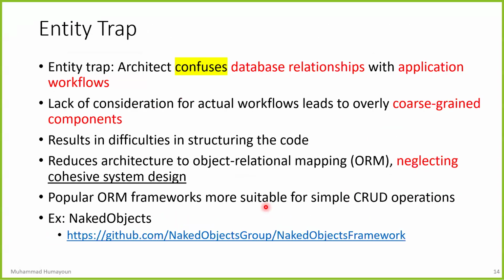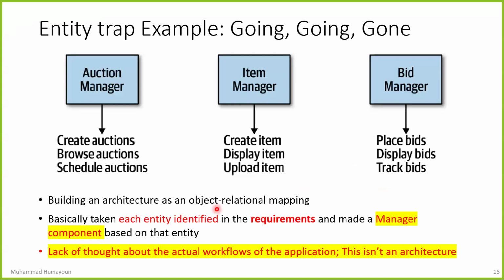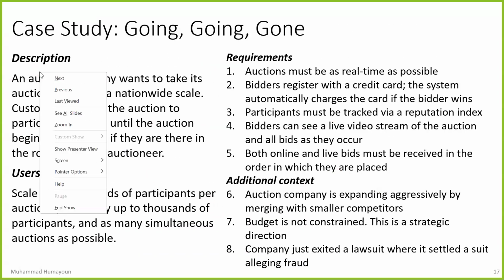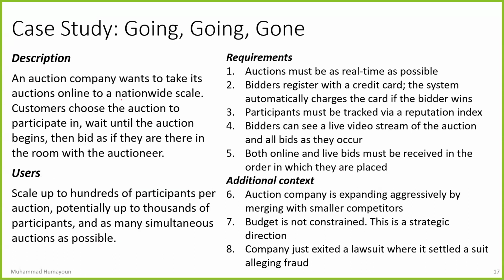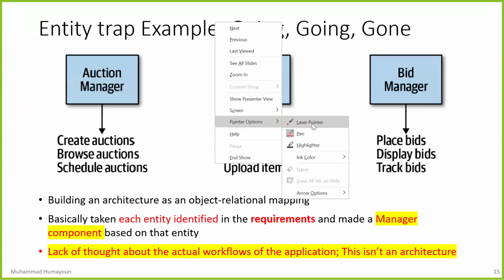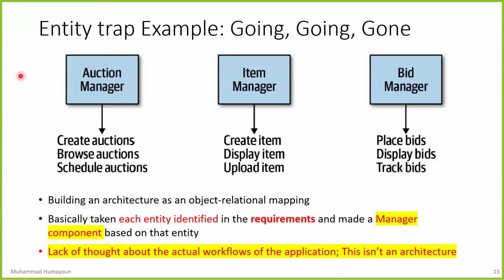Okay, so that is what we discussed. Now, if you look at it, we discussed things like auctions, customers, bidders. The entity trap says to look at your entities and build components around those, like an auction manager, so that you can create auctions, browse auctions, schedule auctions.